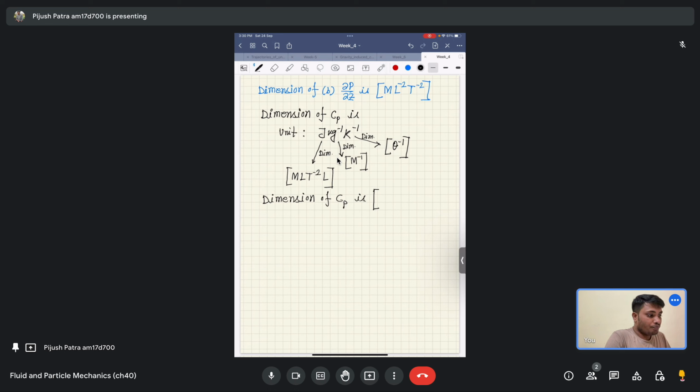Yeah, there will be no m in this, so it will cancel, there will be L square, so it's L square t to the power minus 2 theta to the power minus 1.